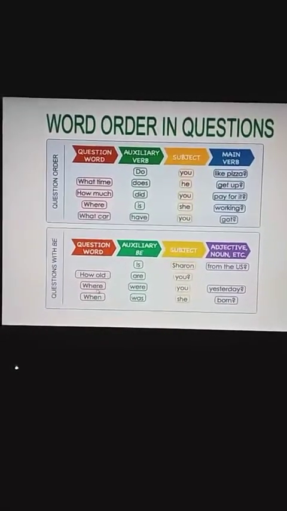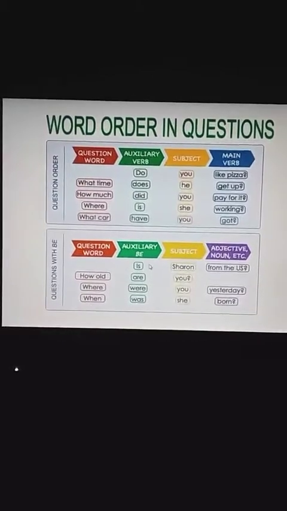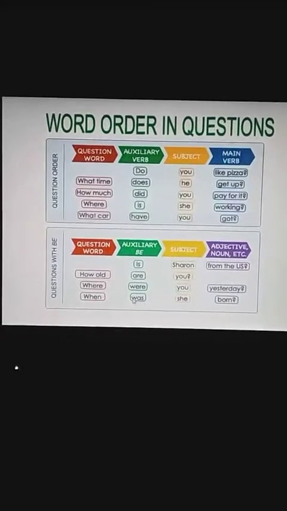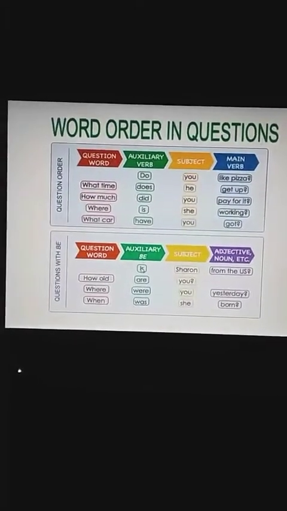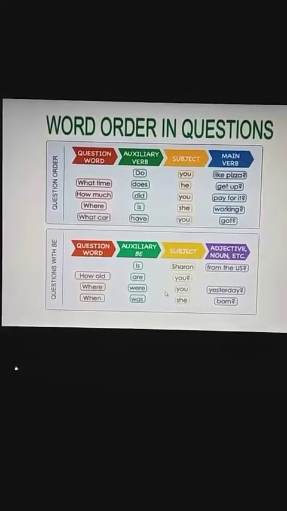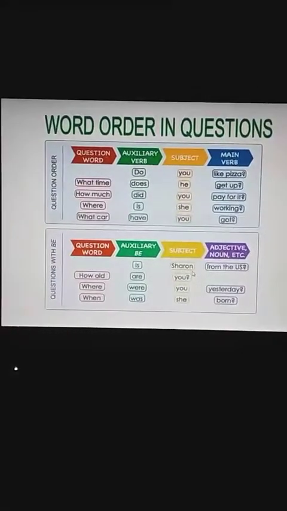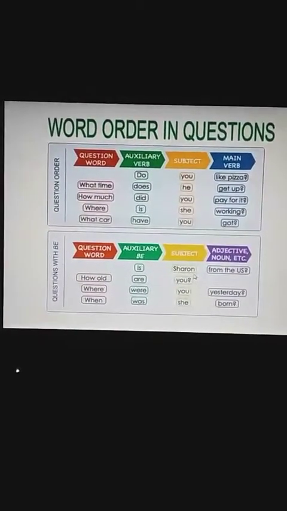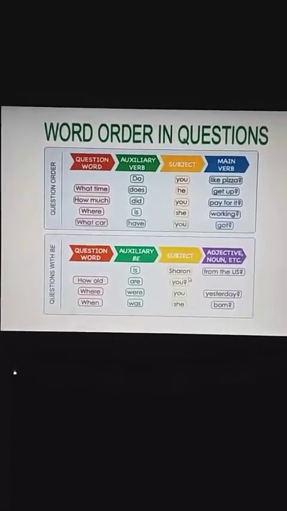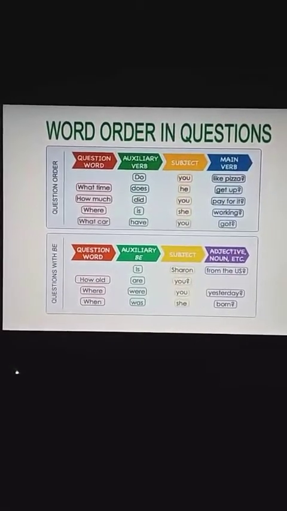How old, where, when, and auxiliary be like is, are in present, and was, were in past. Subject like he, she, it, we, they, okay, and names like Ahmed, Muhammad, Sharon, and adjective and noun.